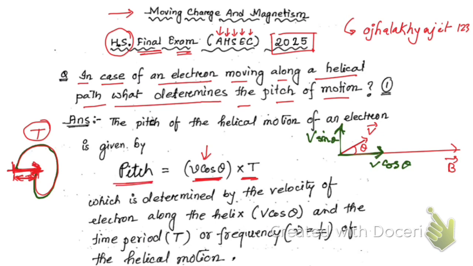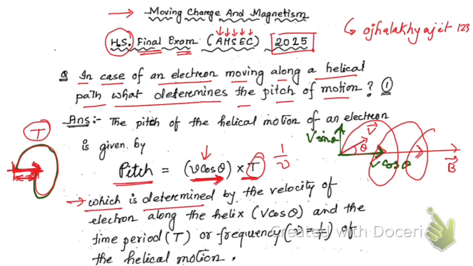Now it is seen clearly that pitch depends on the velocity of this electron along the magnetic field, that means along the axis of the helical path, and on the time period, or you can say frequency, because the time period can be written as 1 by frequency. So here is the answer: it is determined by the velocity of the electron along the helix, that is v cos theta.